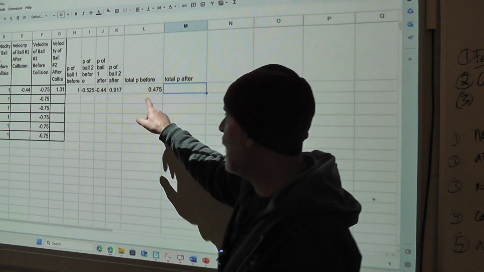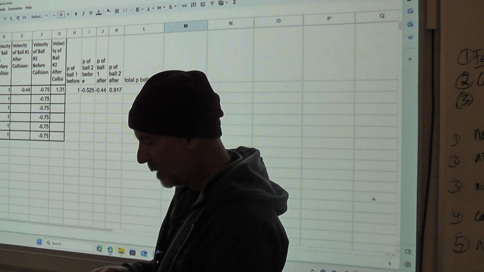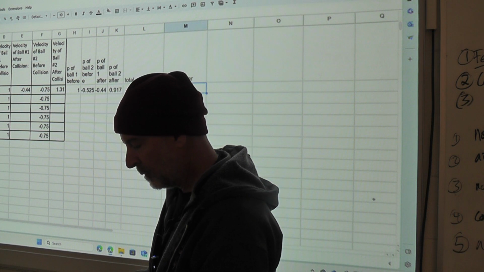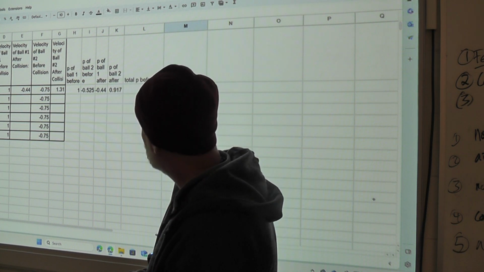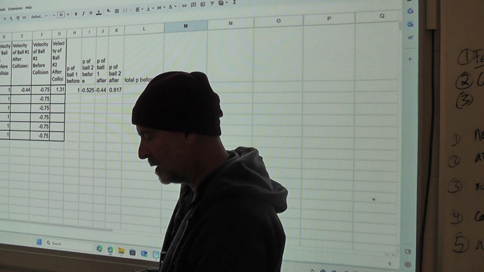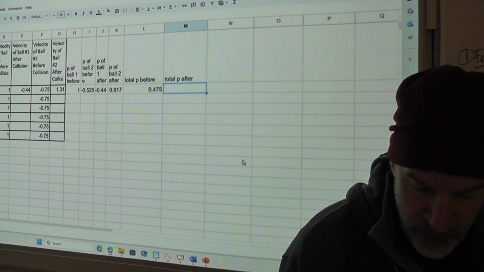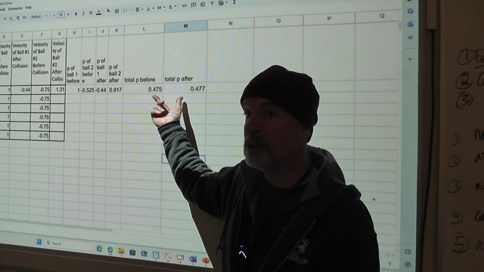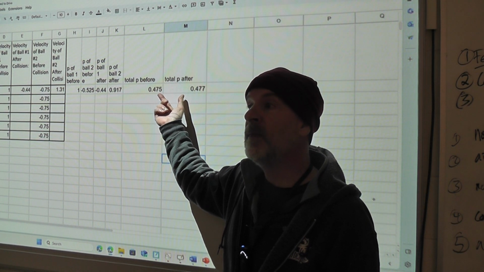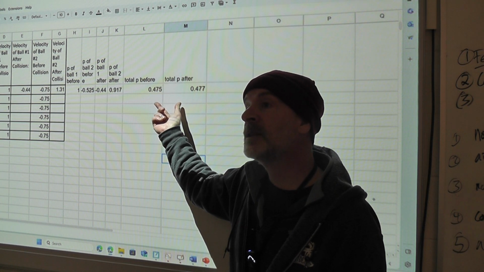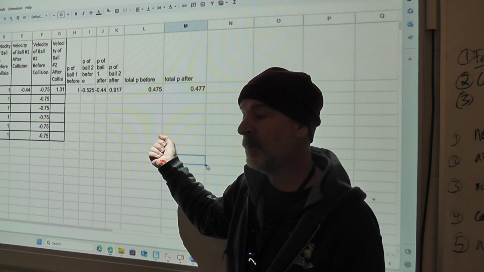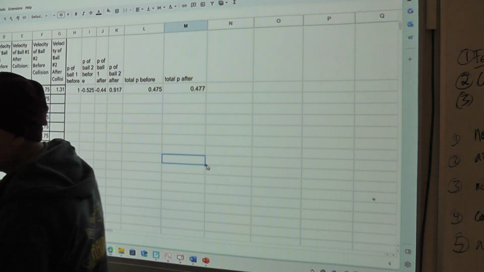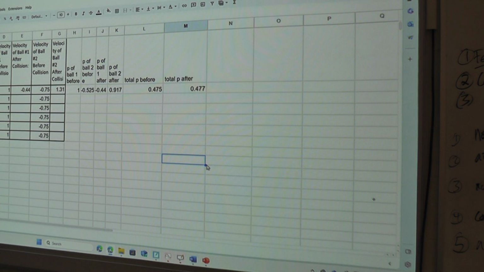The total momentum after is going to be negative 0.44 plus 0.917, or about 0.477. Those are pretty close, aren't they? And what you should see is that that's a relatively consistent pattern. And this is going to be the start of our exploration of transfer of momentum and conservation of momentum, which is going to lead us into next week.